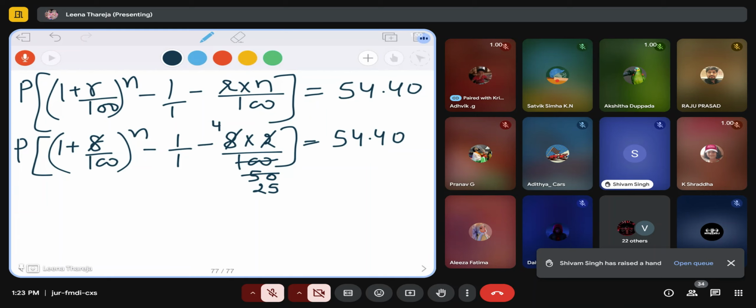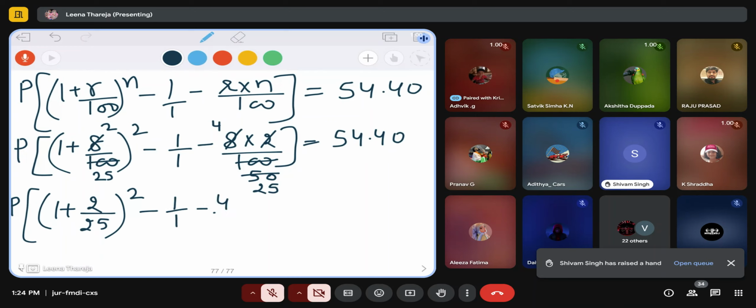Here if you cancel it again by 4, 4 2 is a 8, 4 25 is a 100. So we will be getting 1 plus 2 by 25, and N how much it was? 2. Square minus 1 by 1 minus 4 by 25, and this 54.40 as it is.